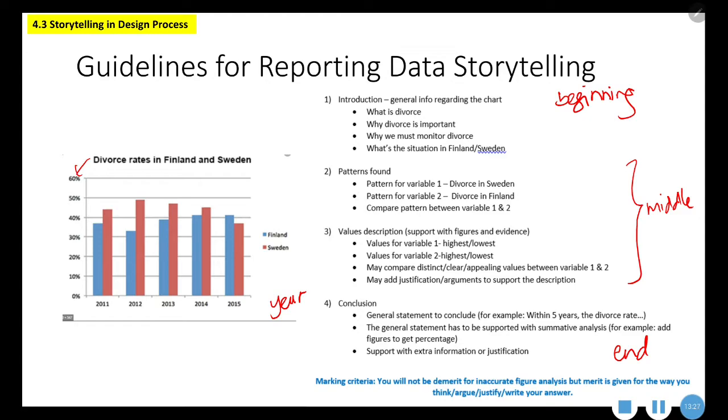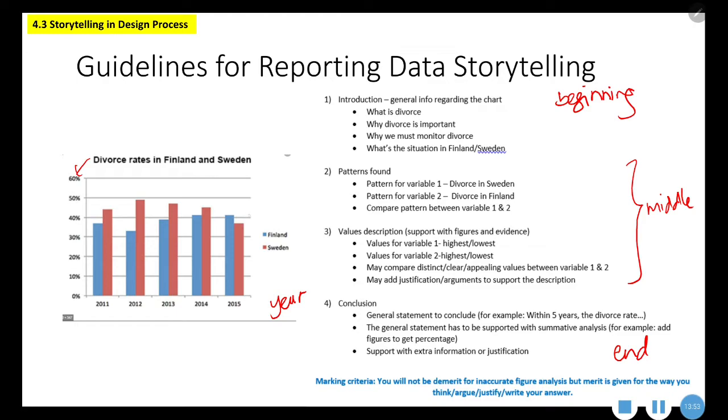So you set up the story context and the characters who are involved, which are two countries here, Finland and Sweden. And what is the existing state of affairs? The percentage is quite high in both countries, so this is a common case in both.